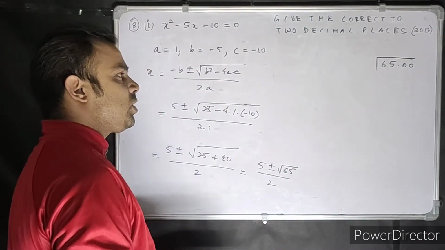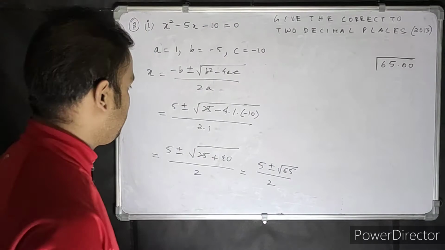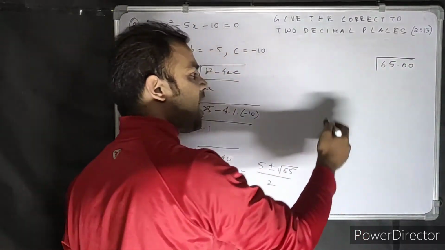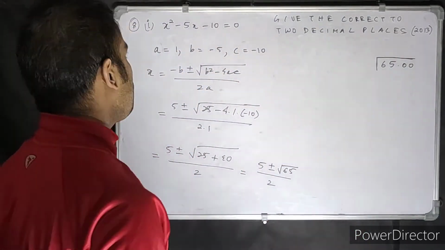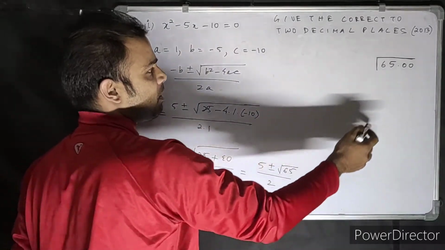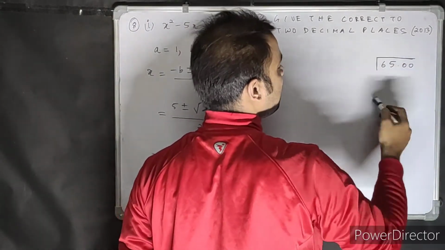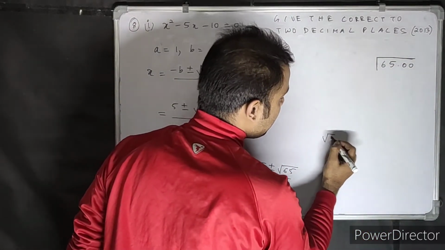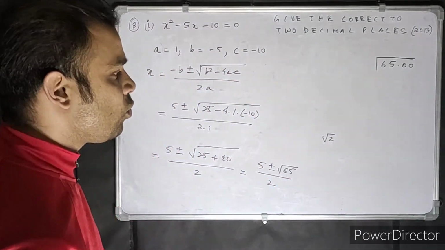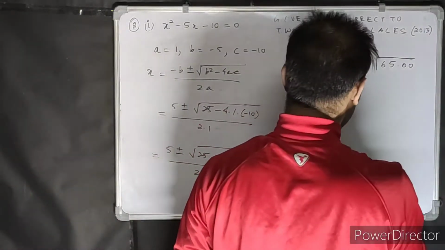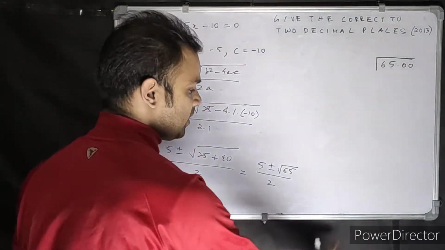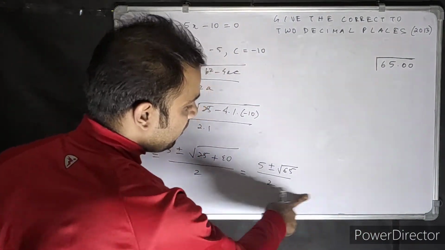How do you start with this division? It is very simple. I'm not going to write all the steps over here. Those of you who want to learn this type of division and find, like, root 2 without your calculator, note that you cannot use a calculator in class 10, only in class 11 and above.